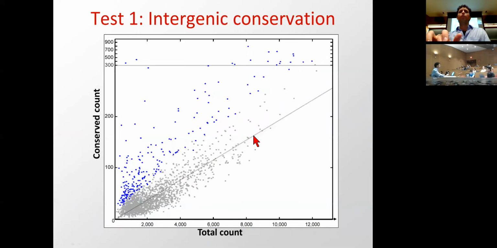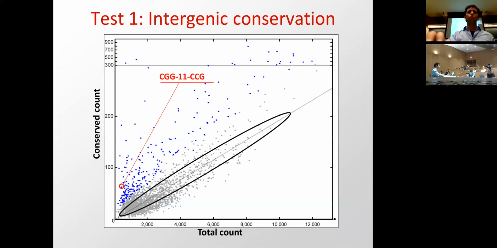The more instances you have, the more instances you will have conserved. But there are some k-mers, shown in blue here, that are much more conserved than what you would expect based on their number of instances. And one of them is, in fact, the Gal4 motif, CGG spaced by 11 from CCG. But there are many, many more.